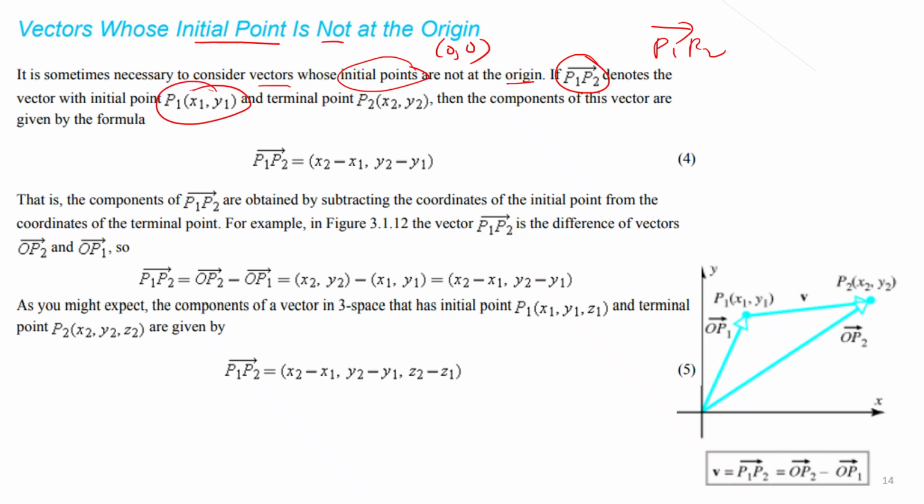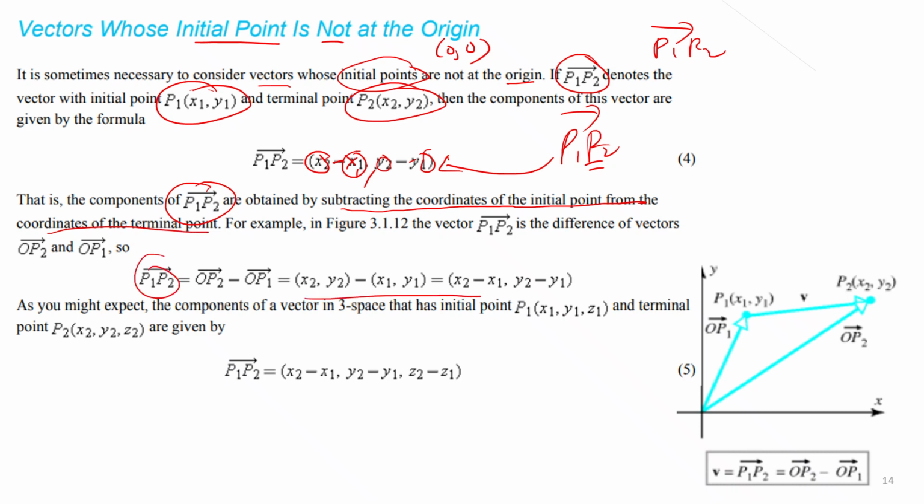The initial point P1 is x1, y1, and P2 is x2, y2. So vector P1P2 can be represented with x2 minus x1 for the first component, and y2 minus y1 for the second. So the components of P1P2 can be obtained by subtracting the initial point from the terminal point.